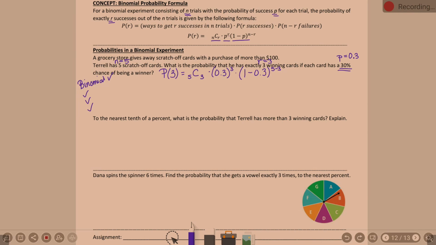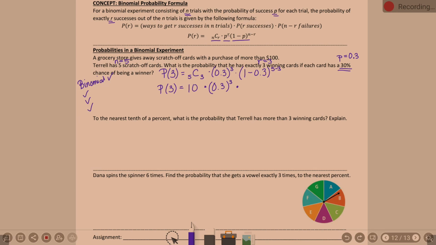5C3. How do we figure out 5C3? Calculator. Go for it. What's the calculator say a combination of 5 objects picked 3 at a time is? 10. Calculator says 10, yes? I'm going to leave 0.3 raised to the third for a moment and come back to put it in the calculator.